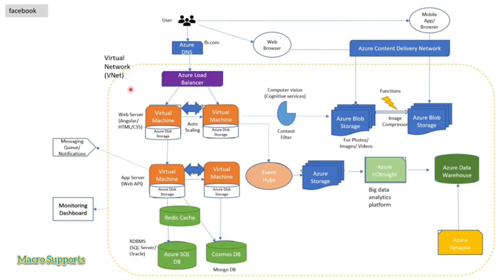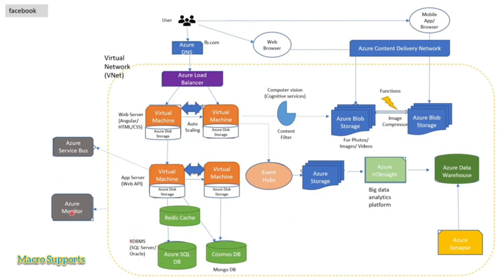Then these messages and notification services can be replaced by Azure Service Bus, which will make these notifications fast. Then the monitoring dashboard will be replaced by Azure Monitor, which will basically help in tracking the health of all the components in the Azure cloud.